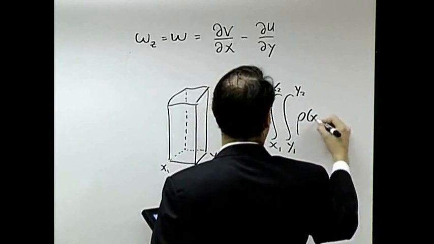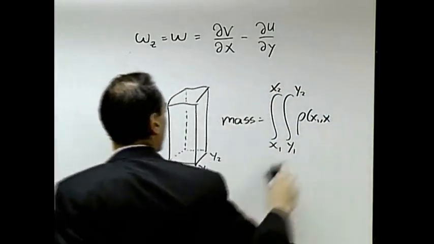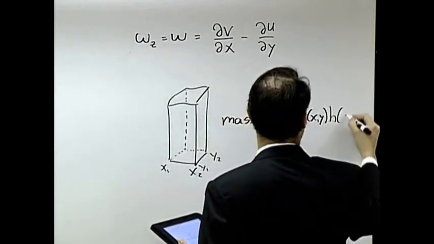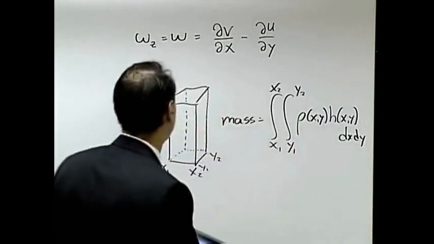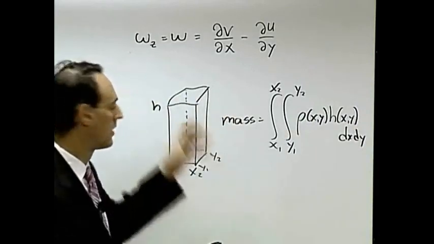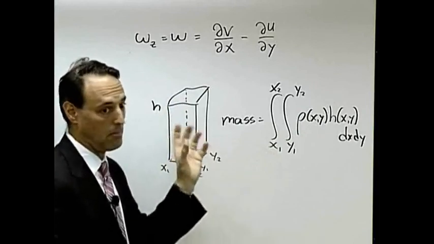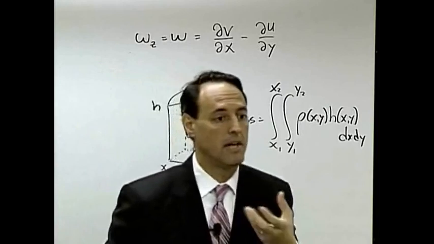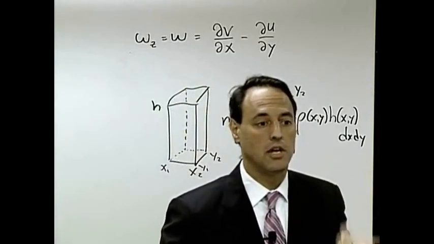So I have some density times the height, dx dy. This h is the surface height, and it has some density. So I take the density times its height, integrate over this little box area, and that gives me the mass in there. What I'm interested in is not the mass currently there, but how does the mass change in time?